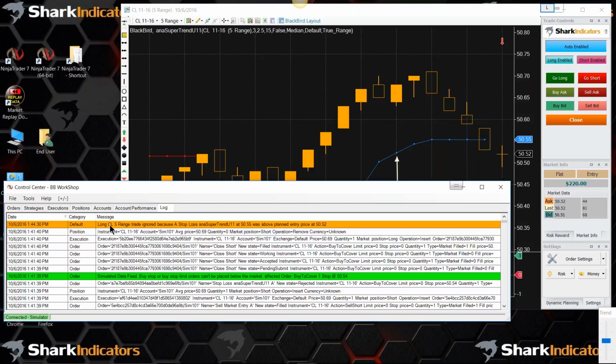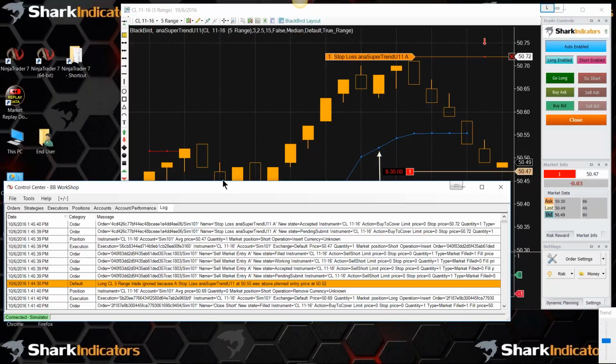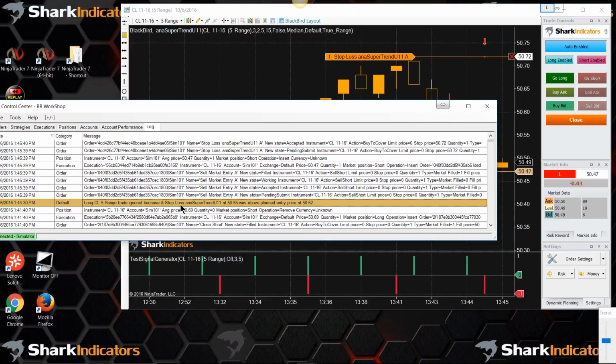The long CL 5 range trade was ignored because stop loss A, the stop loss anaSuperTrend, and it gives you the price at 50.55, was above the planned entry price of 50.52.